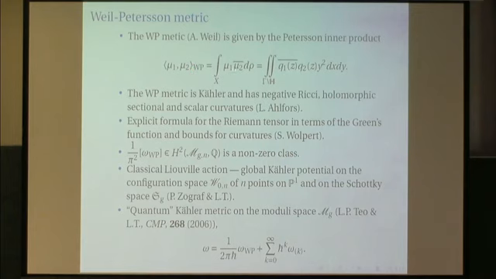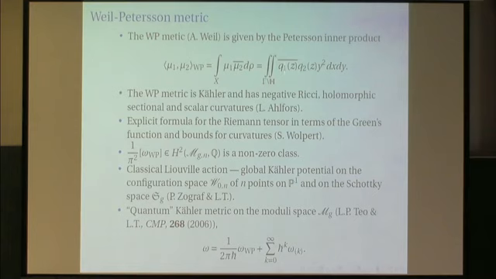Explicitly, you can take the product of Beltrami differentials, which is a function on the surface, and then integrate with respect to the hyperbolic area element. Or, using the uniformization, this is precisely the Petersson inner product of cusp forms of weight 4. That's why it is Weil-Petersson.